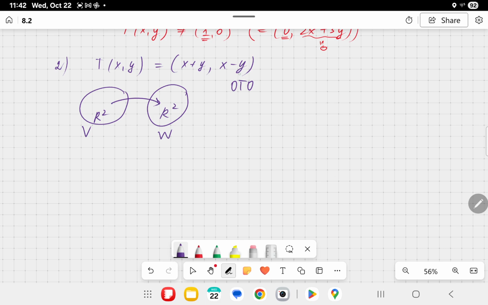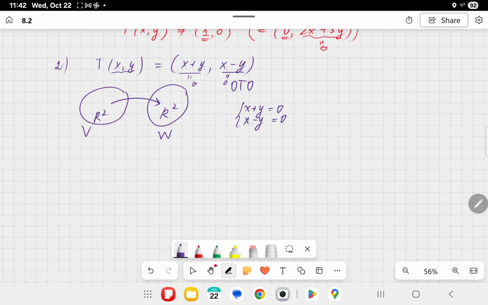What is the kernel? Which x and y from here are going to produce the 0, 0 vector over here? Because these are going to be x and y in the kernel. I'm going to set up x plus y equals 0, x minus y equals 0. So basically to produce the 0, 0 vector, I'm supposed to satisfy these two equations.